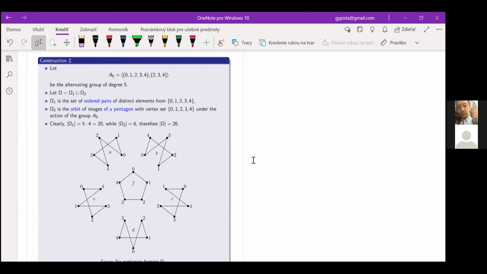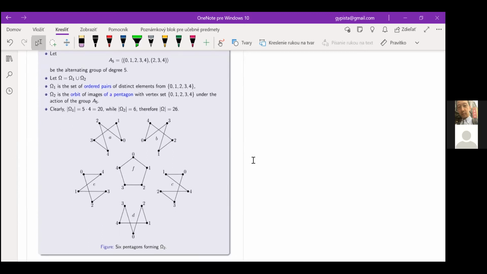First, let us consider its action on the set of ordered pairs of different elements from the set on which the group is acting. That means that we have 5 times 4 different ordered pairs. This set will be called omega 1, and the set omega 2 is formed by a pentagon and its images under the action of the group A5.